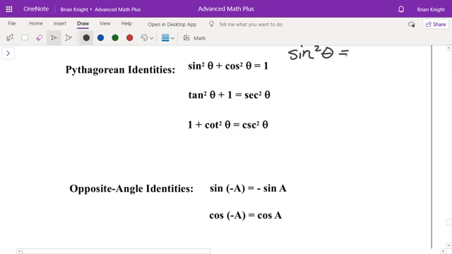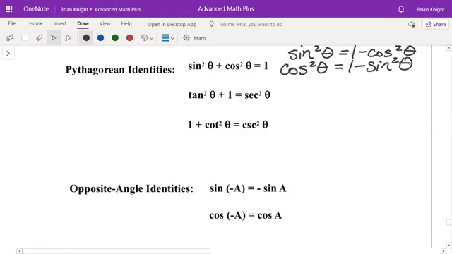Good try. Use this. 1 minus cosine squared. Okay? What would cosine squared equal? 1 minus sine squared. Okay? So understand, you know this one, memorize this one, but you can also use these 2.